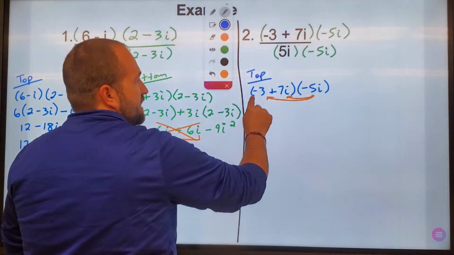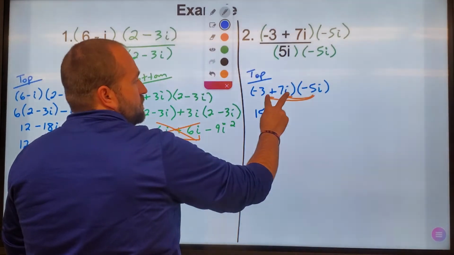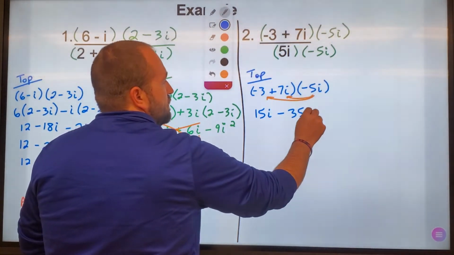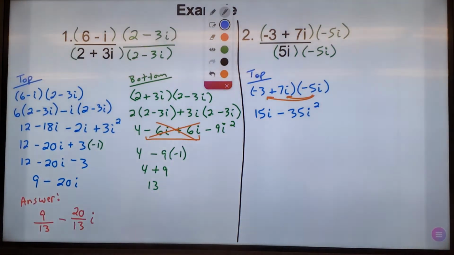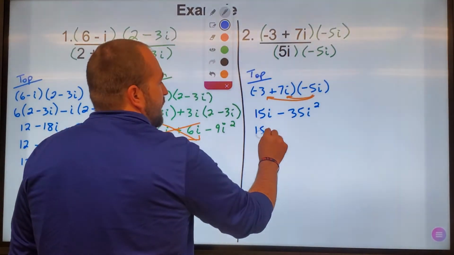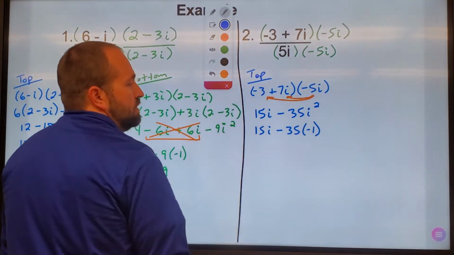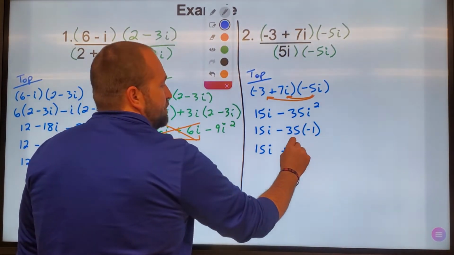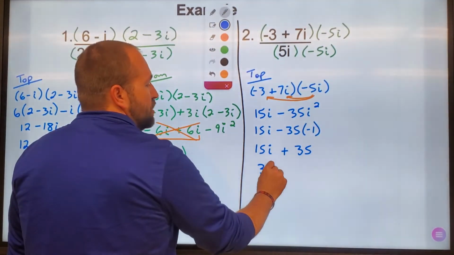So negative 5i times negative 3 is 15i. 7i times negative 5i is negative 35i squared. Again, then looking at i squared and knowing that it's negative 1, I replace that. So we have 15i minus 35 times negative 1, or 15i plus 35. And then again, we have to interchange these because i has to go in the back.